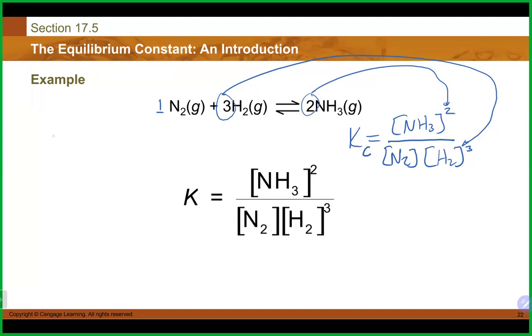So you could actually write an equilibrium expression that involves pressures. That would be the partial pressure of NH3 squared divided by the partial pressure of N2 and the partial pressure of H2 cubed. Those are pressures, so sometimes that's referred to as the Kp value, P meaning that you did the calculation in pressures rather than C for concentration.